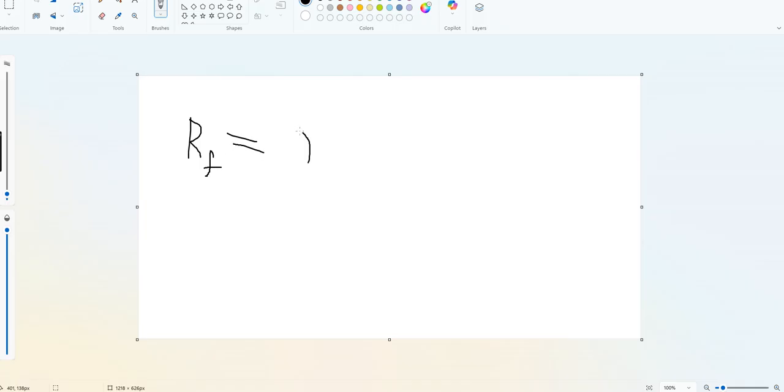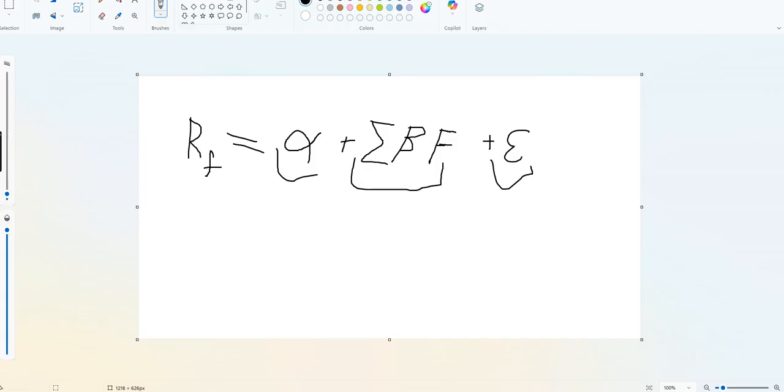And the idea is that it's some alpha, which I'll explain in a second, plus the sum over our factors and their respective betas, which I'll explain, plus this epsilon or noise term. So all this is saying is pretty much that the returns of a stock can be decomposed into 3 separate components.